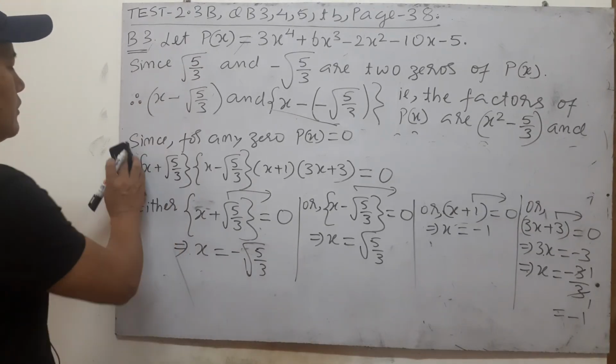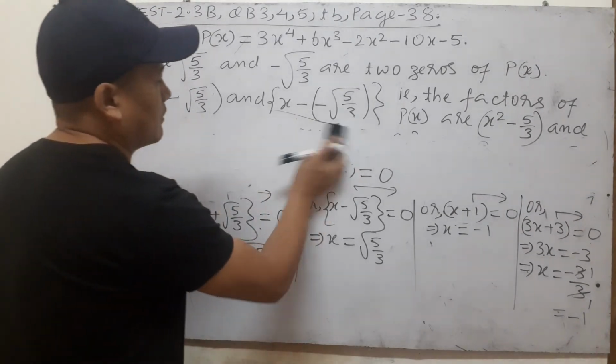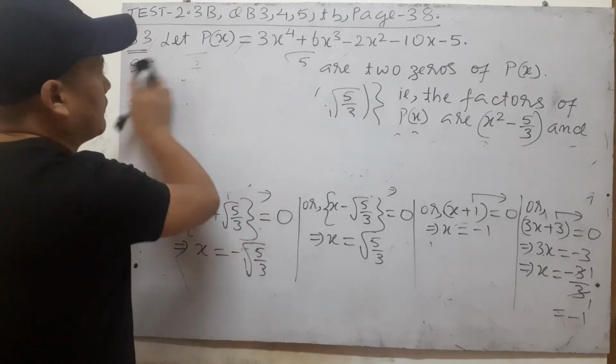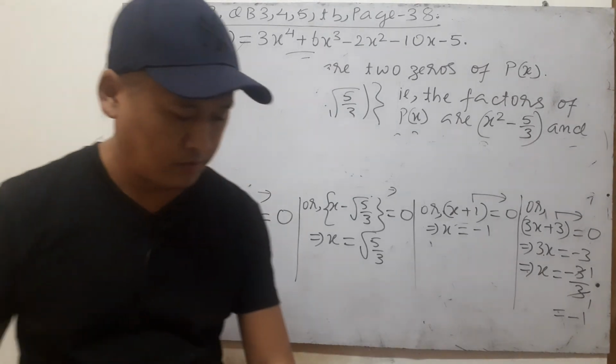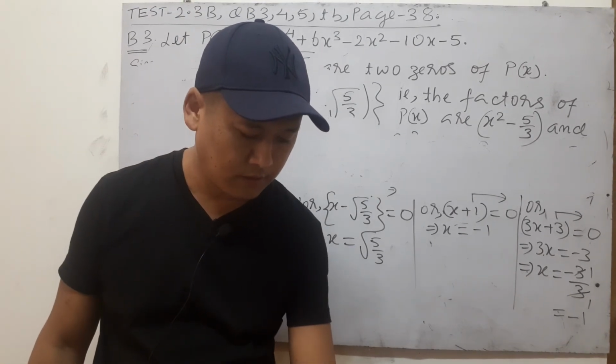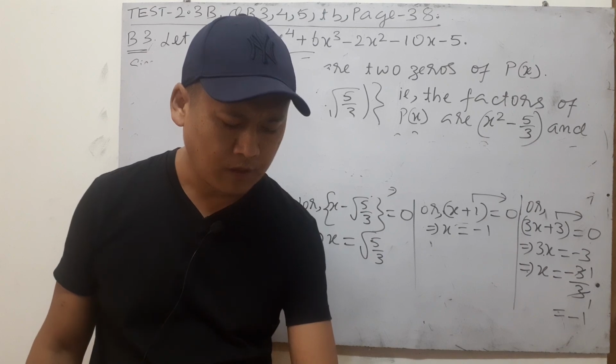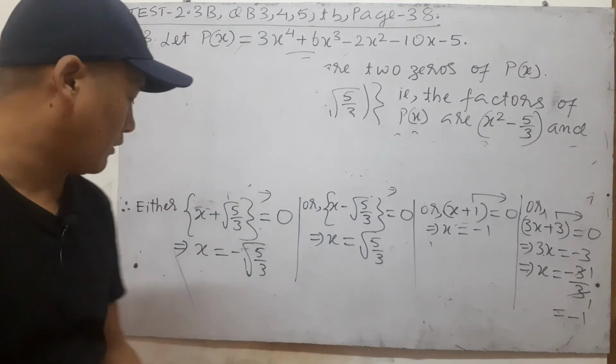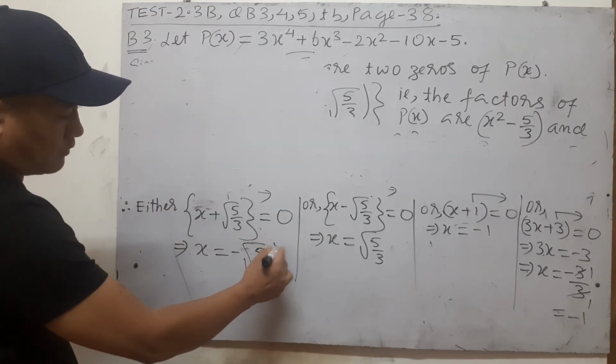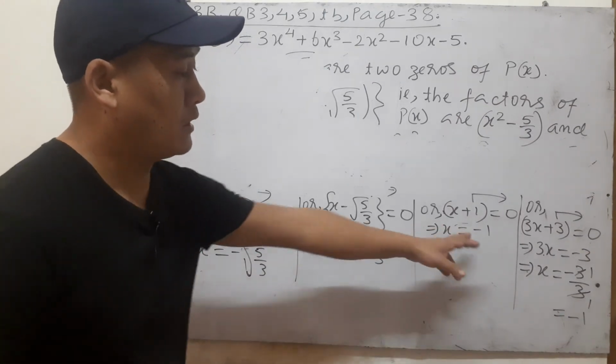Now the question has already given us two zeros. Going back to the question, obtain all the zeros of this 3x to the power 4, etc., if two of its zeros, plus root 5 by 3 and minus root 5 by 3, are already given in the question in the beginning. So these are already given, and the remaining are these two.